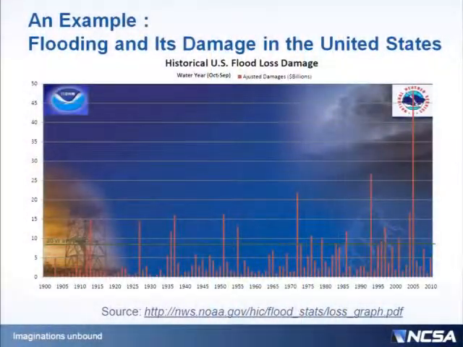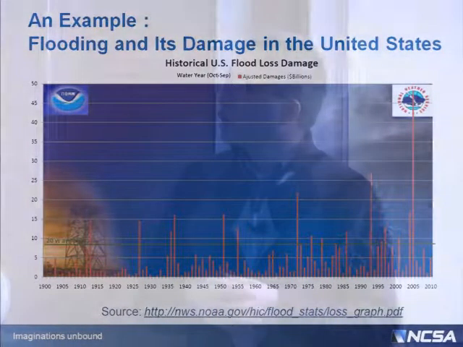For example, this is a chart produced by NOAA in the US, describing the historical US flood loss damage in the past 20 years. On average, in the last 20 years, the average loss due to flooding is about $8 billion US dollars per year.